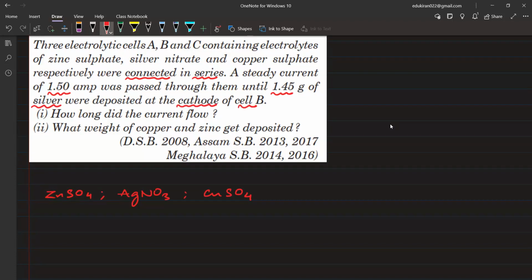You have been given that I is equal to 1.5 amperes and the mass of silver deposited is 1.45 grams. They are asking how long the current flowed and what weight of copper and zinc is deposited.